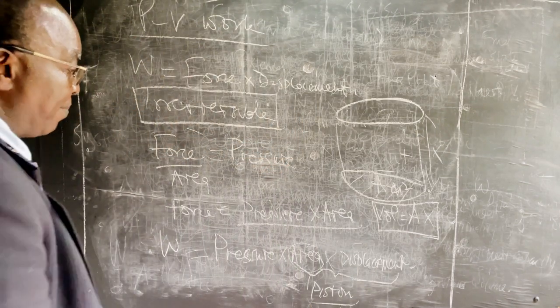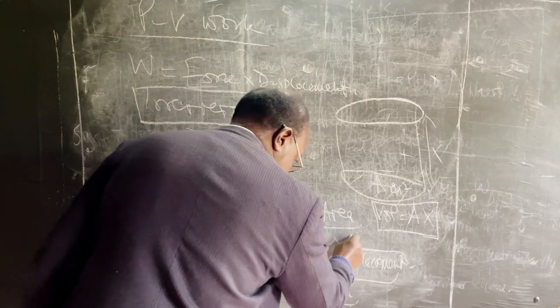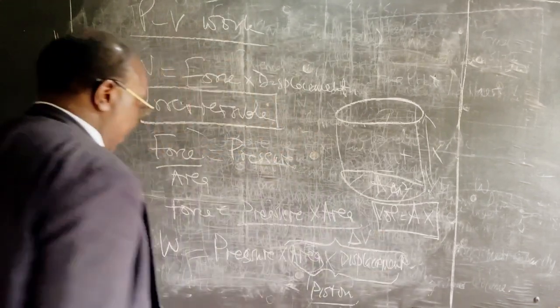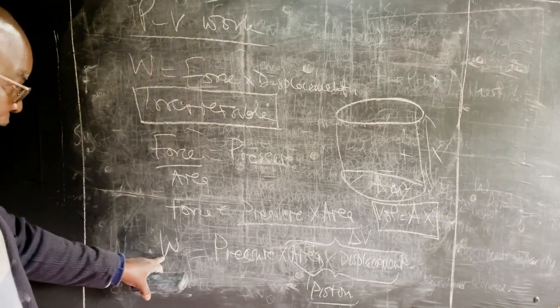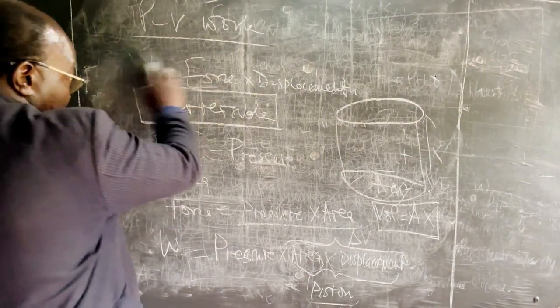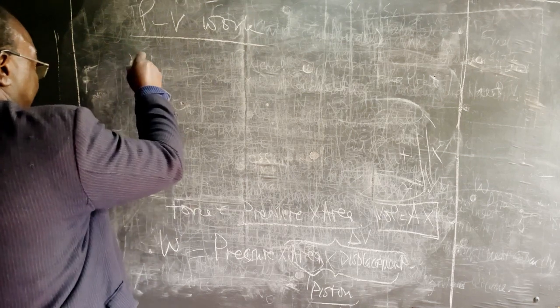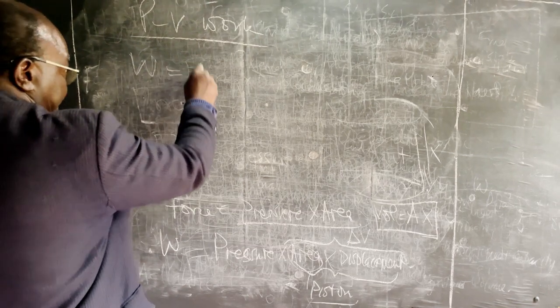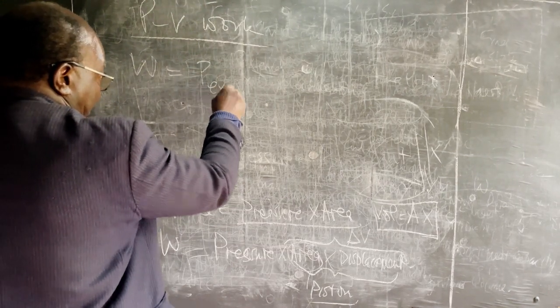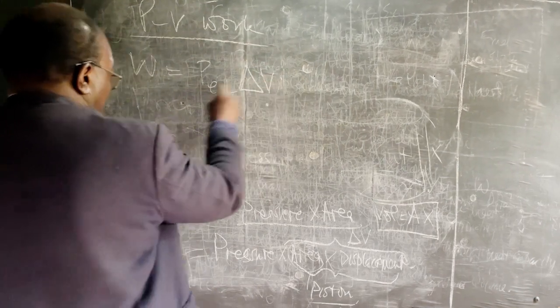And if you multiply that by the displacement, then it gives you the volume change. So basically W is pressure times the change in volume. So W can be written as W equals external pressure times the change in volume.